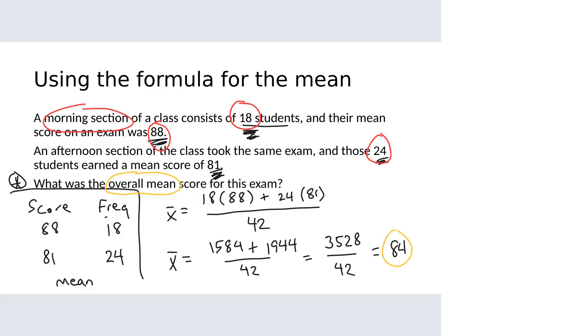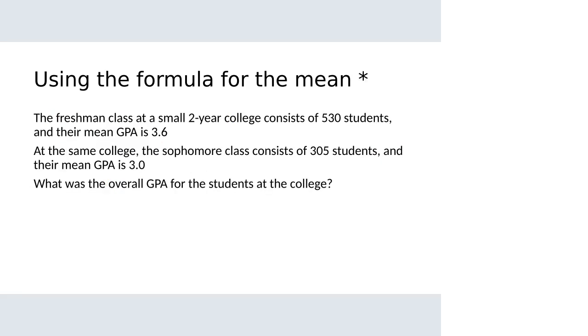My expectation is this one will go great because you're probably pretty comfortable with frequency tables right now. But this is great practice. Okay, here goes. The freshman class at a small 2-year college consists of 530 students, and their mean GPA is 3.6. At the same college, the sophomore class consists of 305 students, and their mean GPA is 3.0.